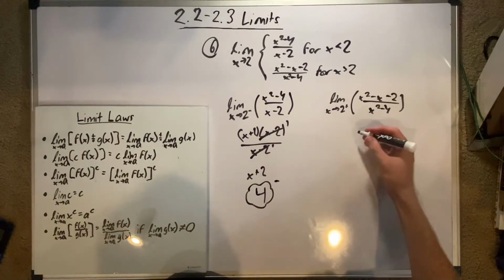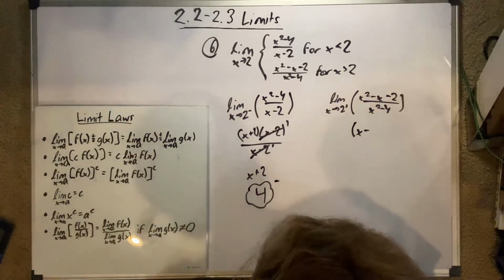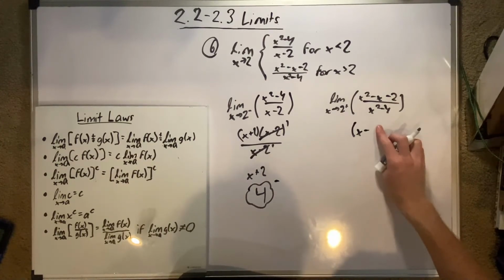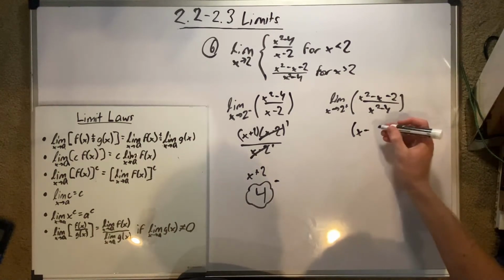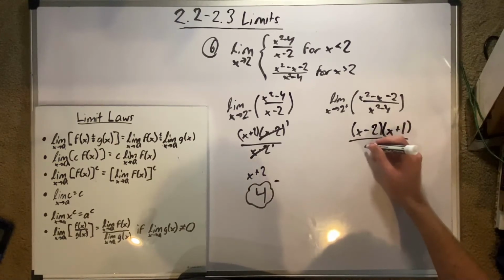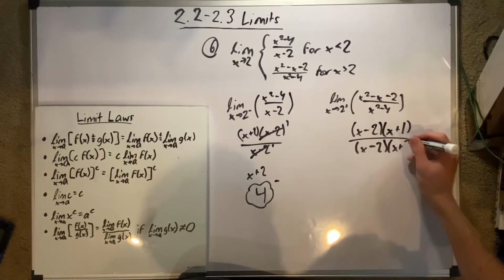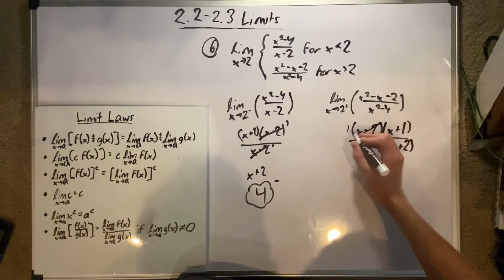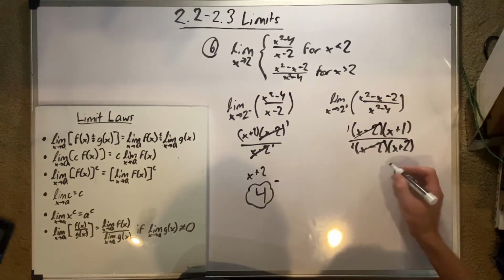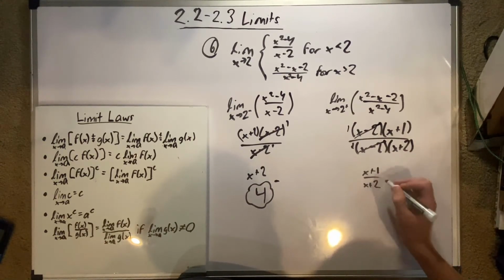So now we'll simplify this down. We get x minus 2, x plus 1 over, no brain farts, x minus 2, x plus 2. These two eliminate, 1, 1. So then we're left with x plus 1 over x plus 2.